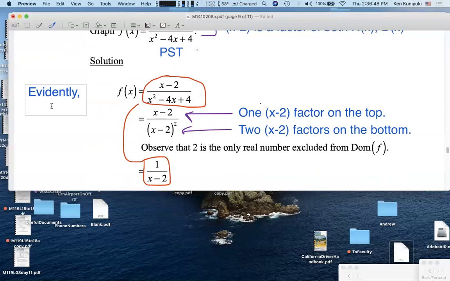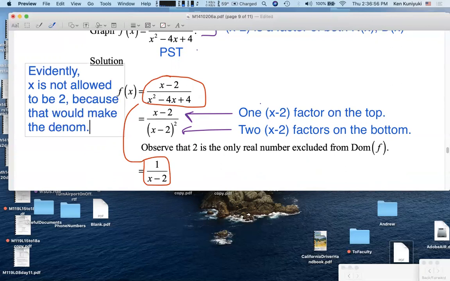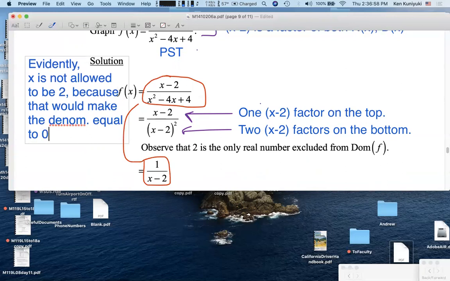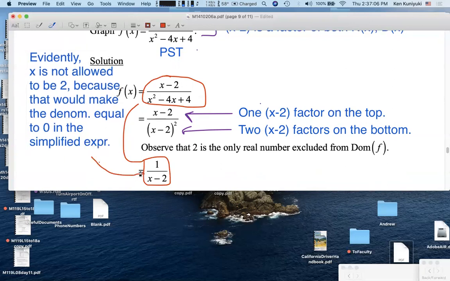Evidently, x is not allowed to be 2 because that would make the denominator equal to 0 in the simplified expression over here. So it's evidently a problem when x is approaching 2. That means we're going to get a big explosion, and that means we're going to get a VA.